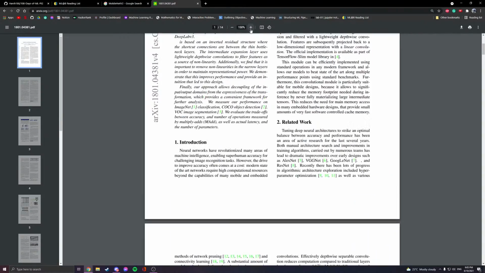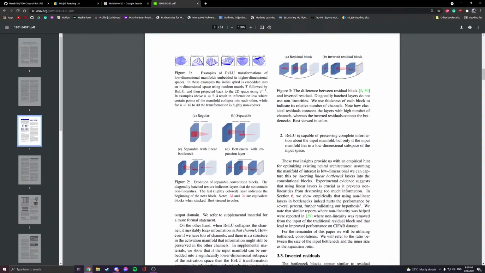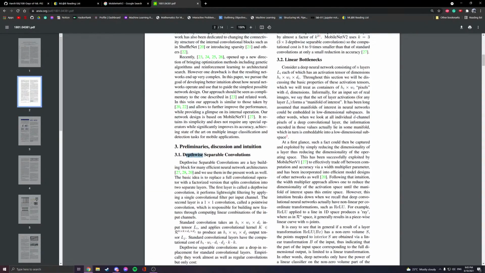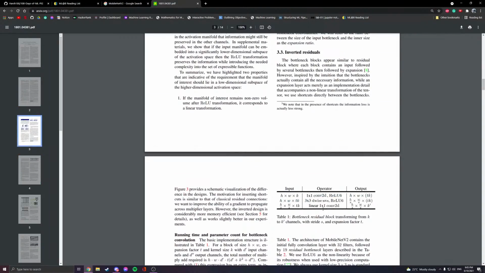Okay, so basically it would be section number, I believe, 3. Yep, so it starts over here, depth-wise separable convolutions. So that's the dys block over here, the 3x3 dys.